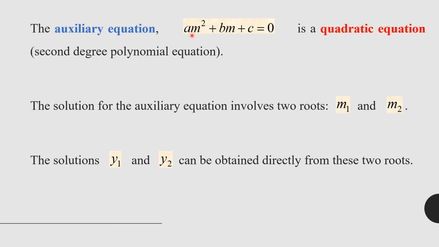Or we can call this a second degree polynomial equation. Another name given to this second degree polynomial equation is quadratic equation. When we solve this quadratic equation, we will get two roots, which we shall call m1 and m2. Once we have obtained the values of m1 and m2, we can directly get the solutions for y1 and y2.